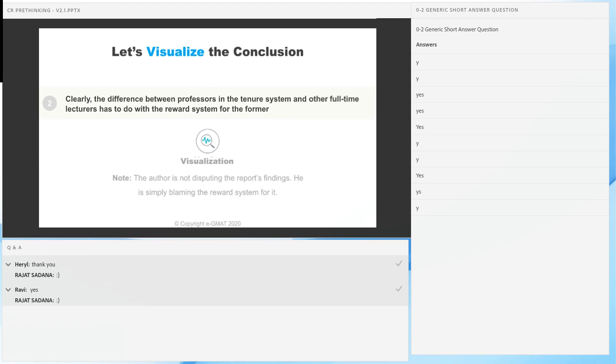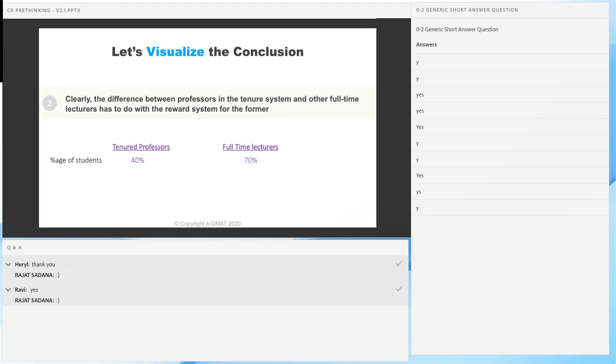So let's visualize this conclusion over here. Clearly, the difference between professors in the tenure system and the full-time lecturers has to do with the reward system. What the author is really saying is, I agree with the report's finding, and it's the reward system that professors have that is an issue. That's the reason why professors don't do as good a job.